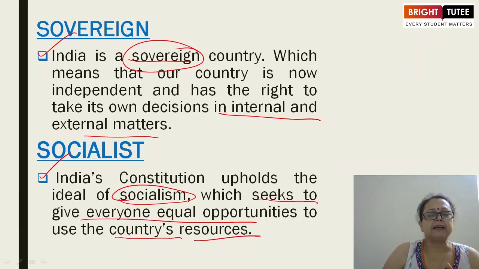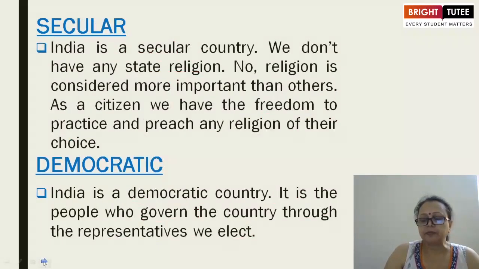The citizens of the country are free to avail equal opportunities if they want to use the country's resources. So our constitution also fulfills the criteria of socialism.